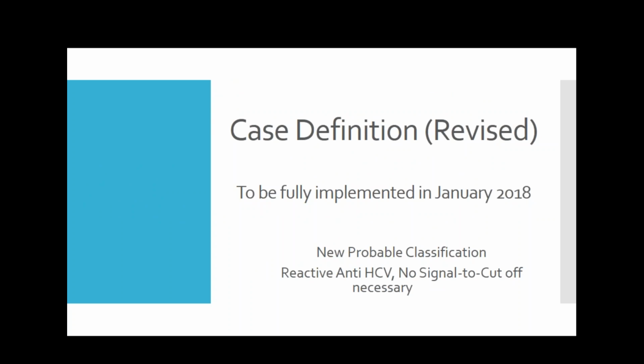Okay, so now let's talk about the revised case definition. And the Council of State and Territorial Epidemiologists, the CSTE, proposed these new case definitions for acute and chronic in 2016, and they were accepted by the CDC.